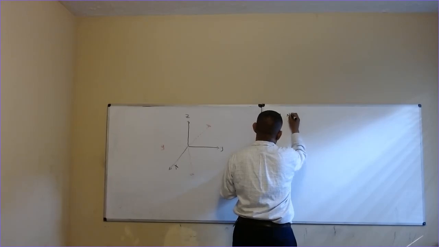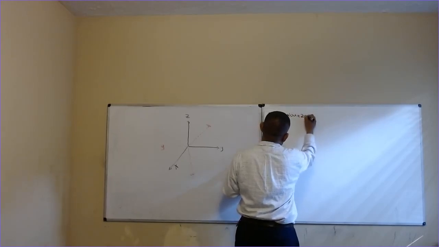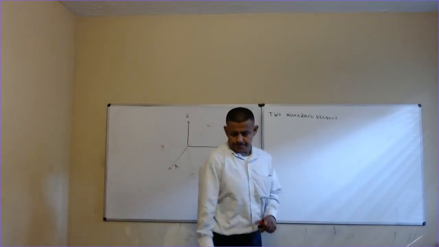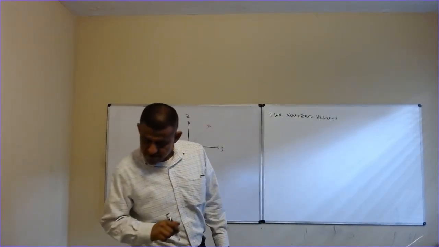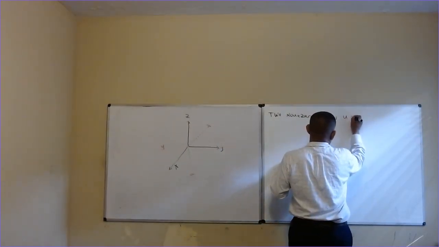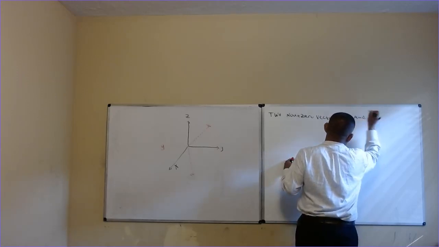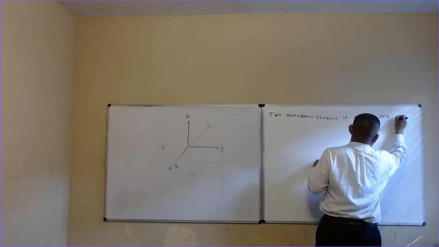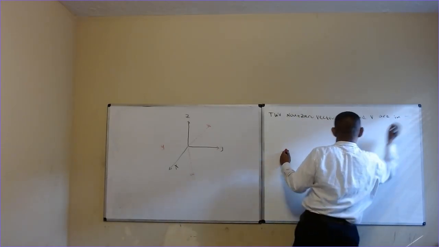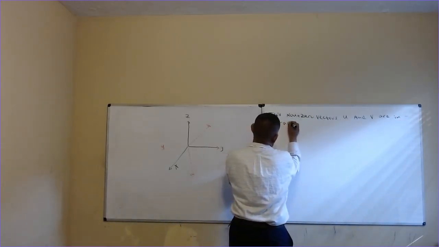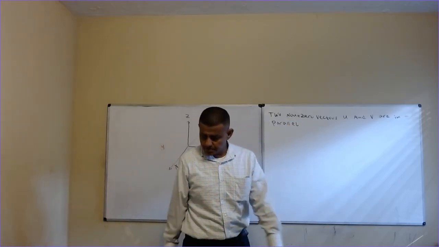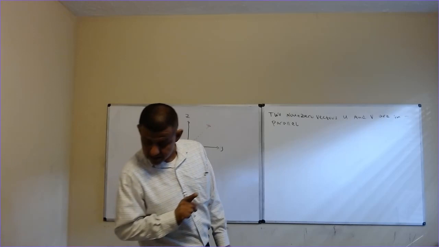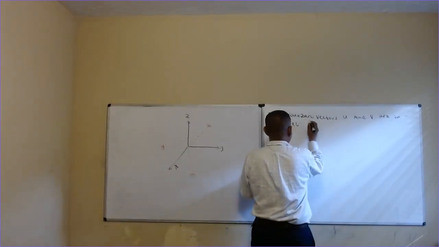Two non-zero vectors u and v are parallel if there is some scalar c. It's an if here, so be careful.